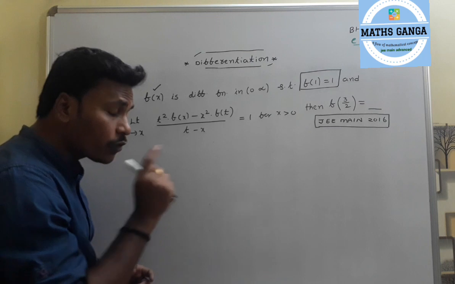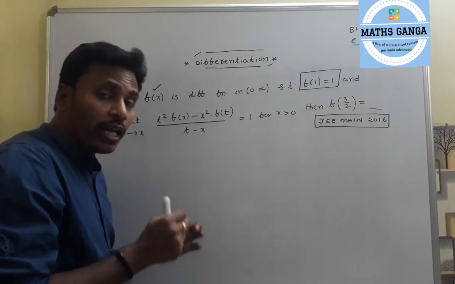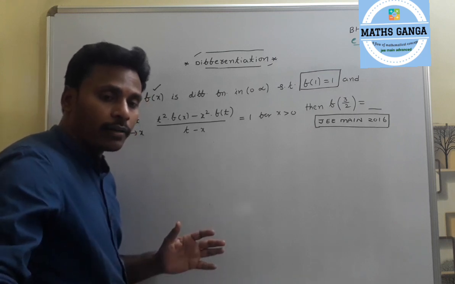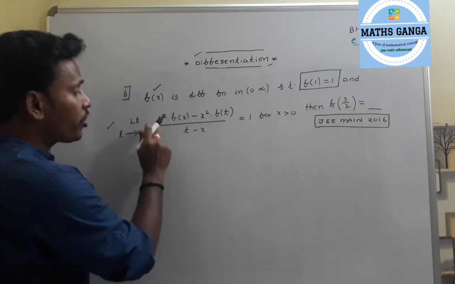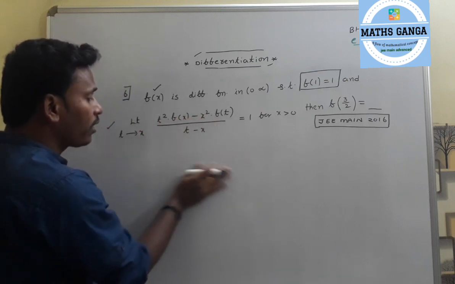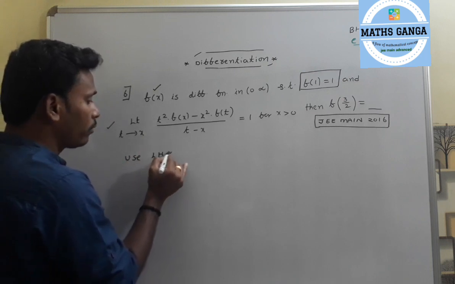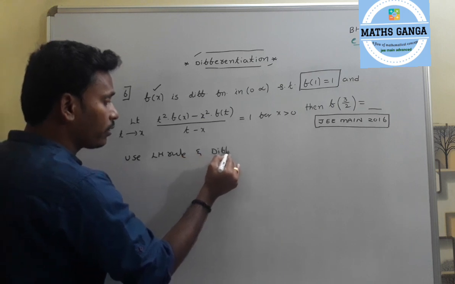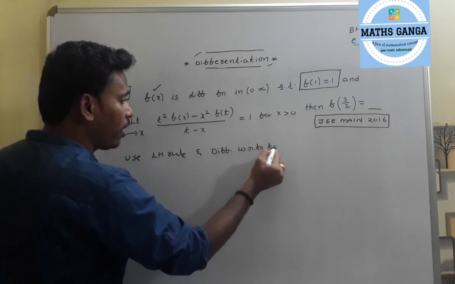Since we are replacing t with x, here we need to differentiate with respect to t both numerator and denominator. Use L'Hospital rule, and differentiate with respect to t both numerator and denominator.